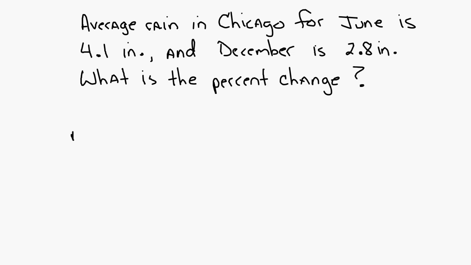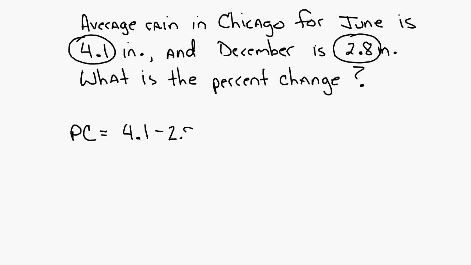All right, so your percent change is equal to your amount of change. So you're going to take larger minus smaller. So 4.1 minus 2.8. And you're going to divide it by the original amount, which is 4.1.